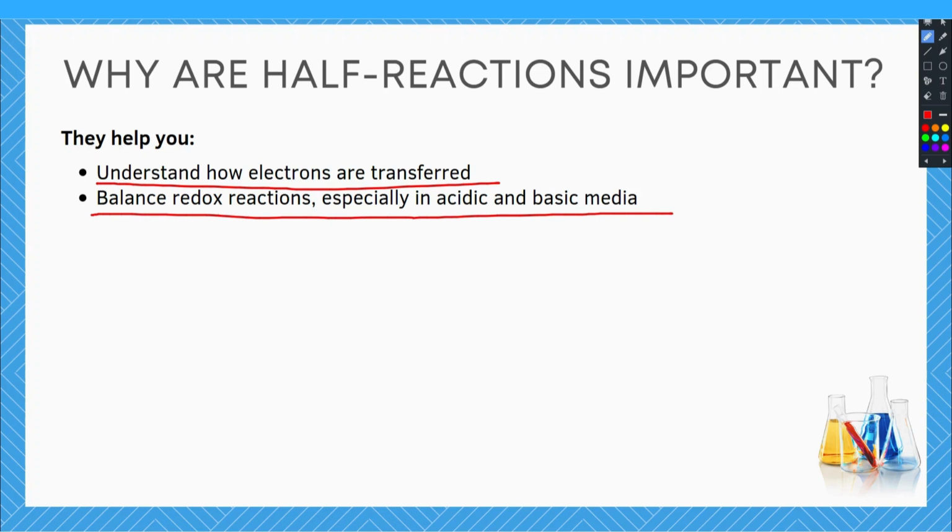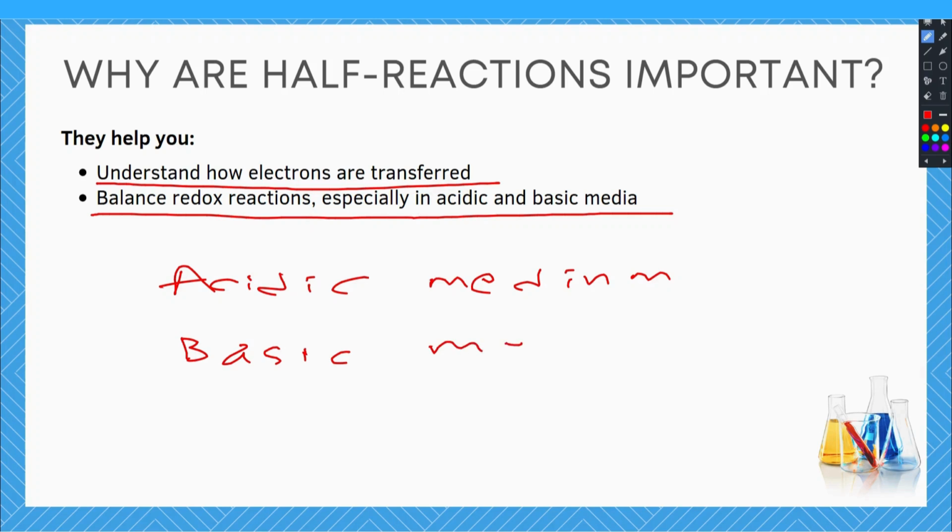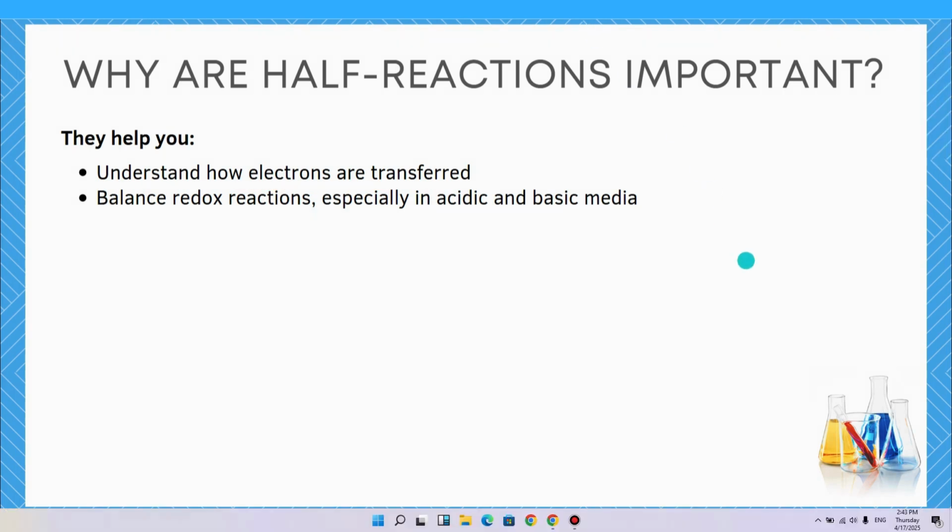Now, when we begin to balance redox reactions, you'll see cases where we'll be asked to balance it in acidic medium, and you'll see cases where we'll be asked to balance in a basic medium. All right, so this will be very helpful to us. This is why half reactions are very, very important.